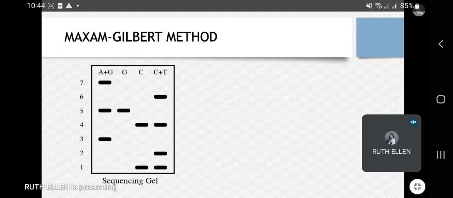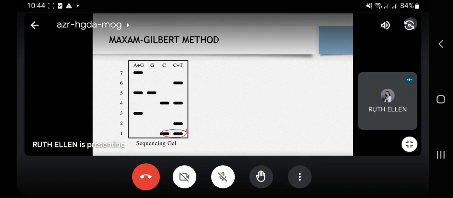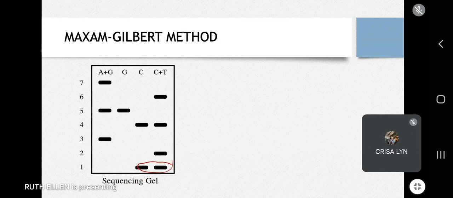Okay, so isang example pa. So first, meron tayong band present for cytosine and thymine. Ano yung nucleotide present natin? Cytosine po. So pwede din natin siyang isulat horizontally.